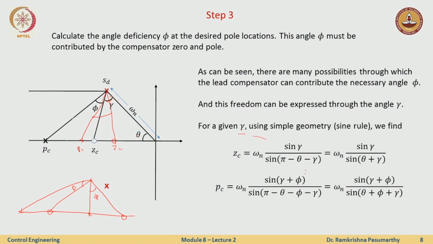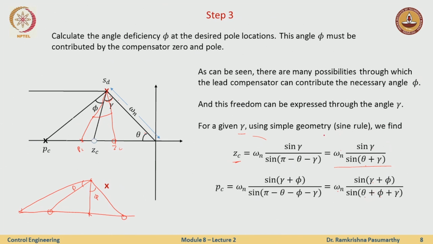I will not really derive these formulas, but given this configuration, this angle is phi, this is gamma, this is theta, and omega n. zc is related to gamma, theta, and omega n via this formula. pc is related again to omega n, gamma, theta, phi via this formula.